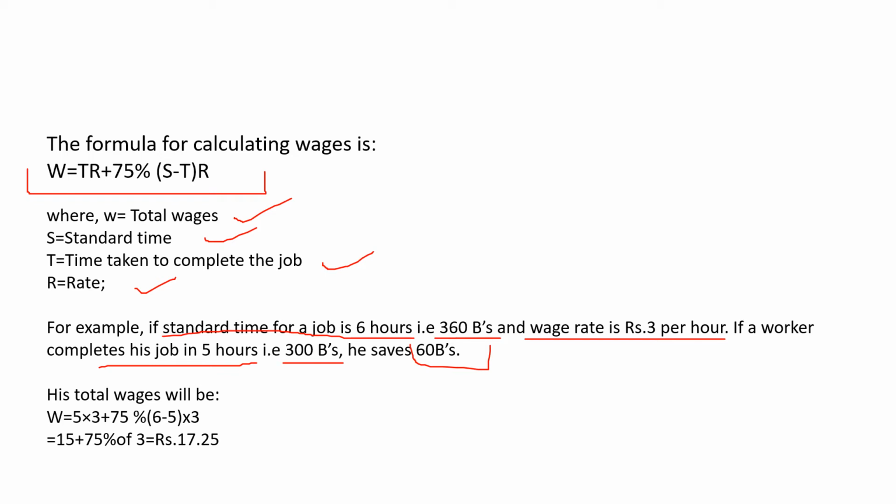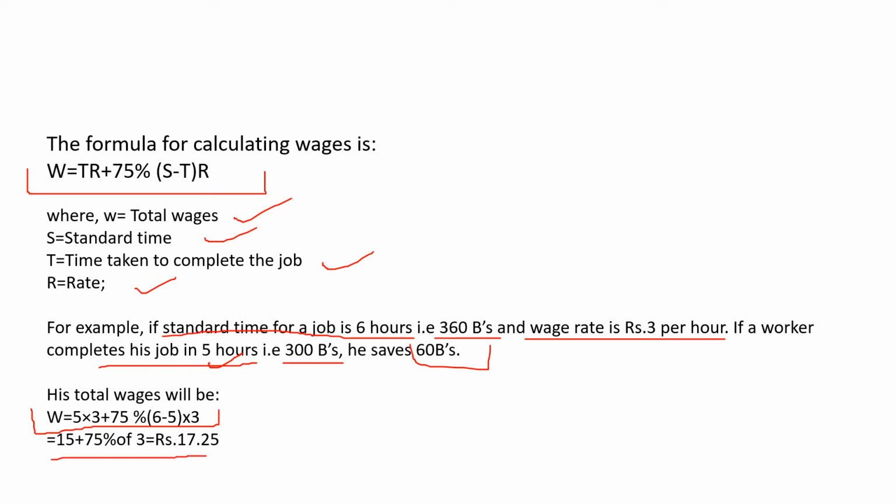So 60 Bs bonus would be 75%. For his total wage, we apply the same formula. W = TR + 75% of (S - T) × R. So W is equal to 5 hours, the time taken, into 3, the rate, plus 75% of 6 minus 5, where 6 is the standard time and 5 is the time taken, into the rate 3.